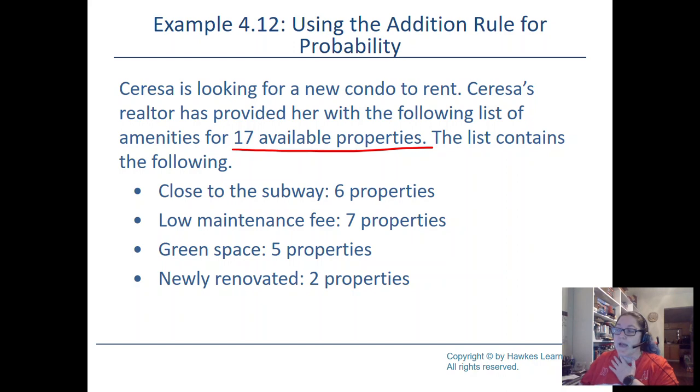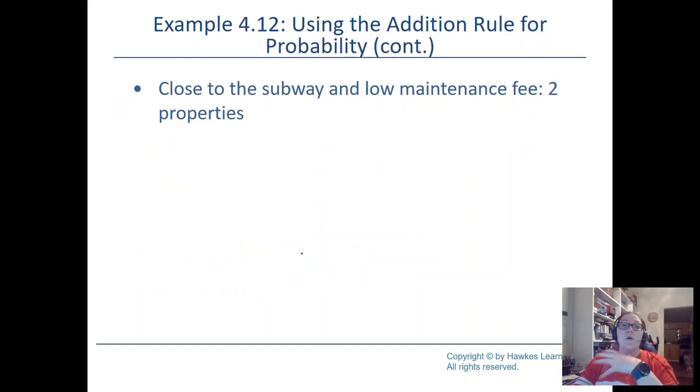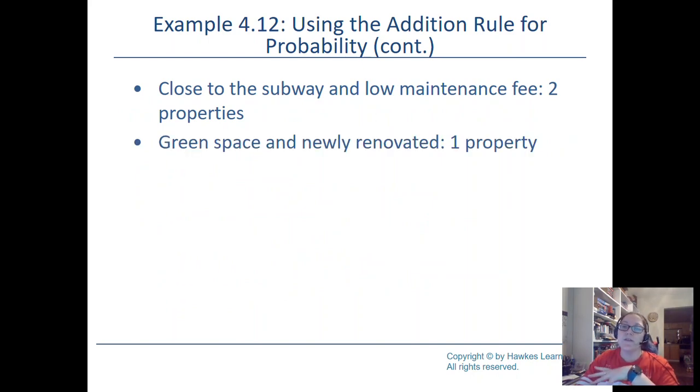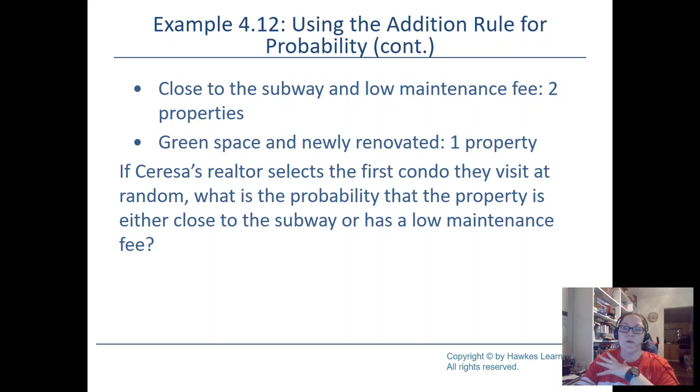What's going to help me out is that I know some of these have things in common. Close to the subway and low maintenance, there were 2 of those, and green space and newly renovated, there was 1 of those. But the question is I want to know that it's close to the subway or has low maintenance. Keywords there, "and" and "or"; always be on the lookout for them.